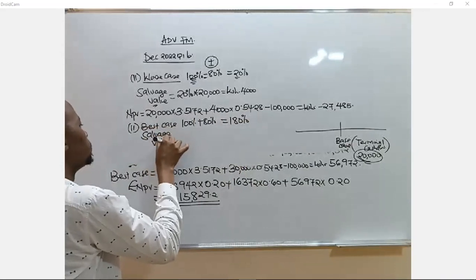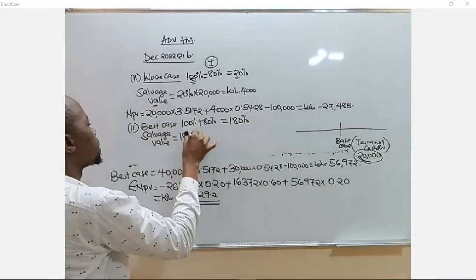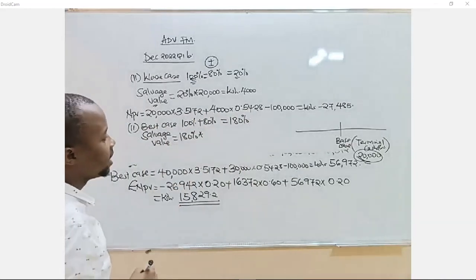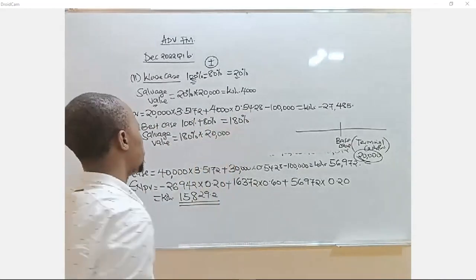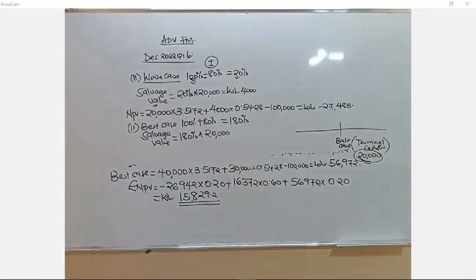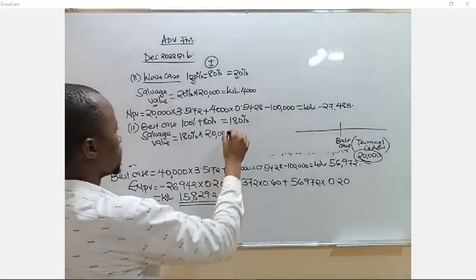Salvage value, and it will be 180%. You multiply by the terminal cash flow for the most probable case, 20,000. How much is this? 1.8 times 20,000. We are getting around 36,000.